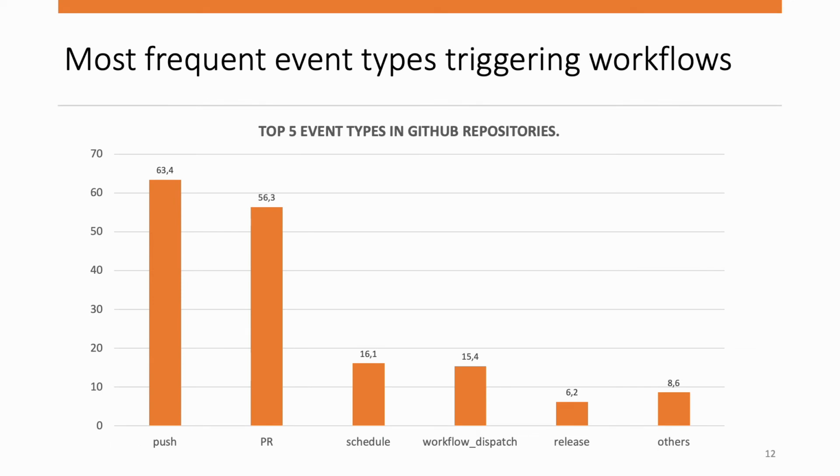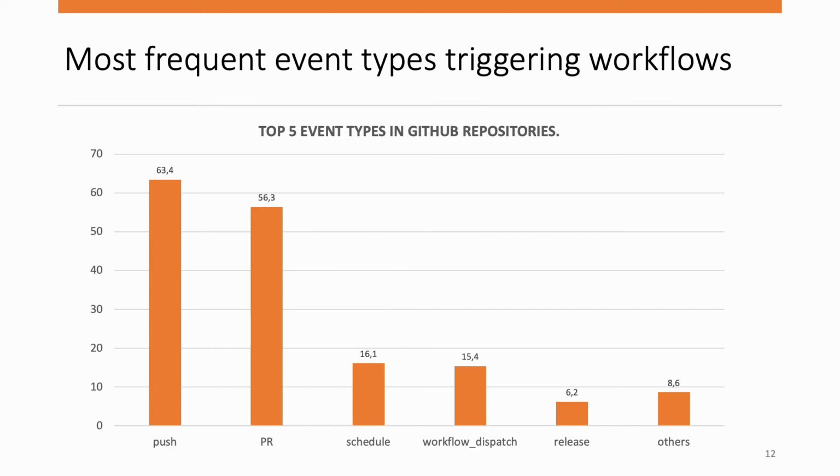One important note about GitHub Actions is that it can automate more tasks in comparison with other CI/CD tools that we used to have. So we looked at the automation practices, starting with the event types that can trigger the workflows. What we found is that the most frequent events are still the ones you can usually find in the usual CI/CD tools.